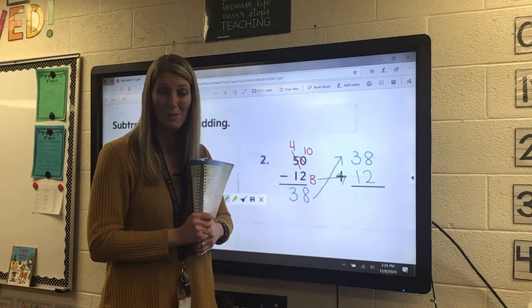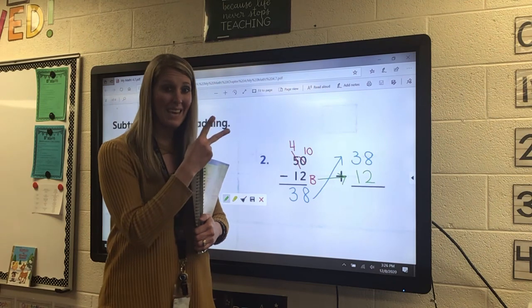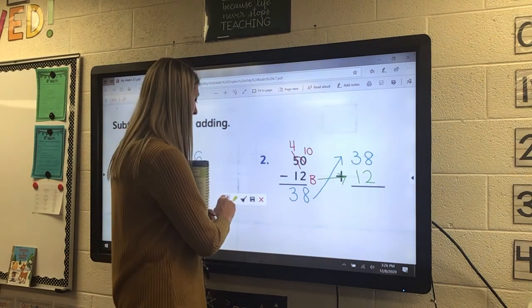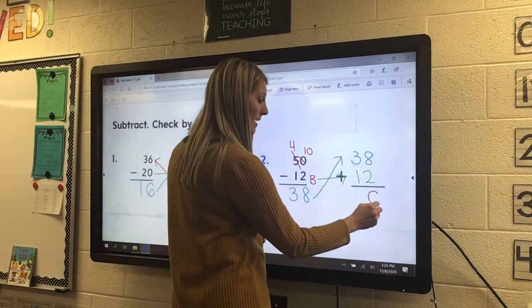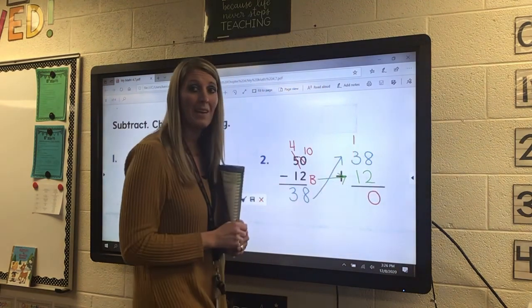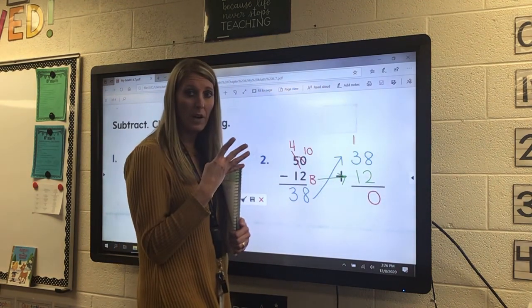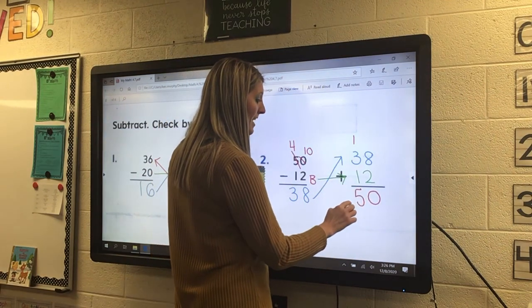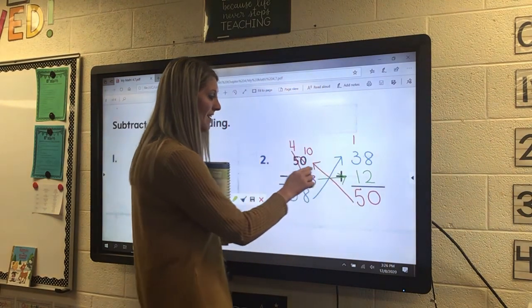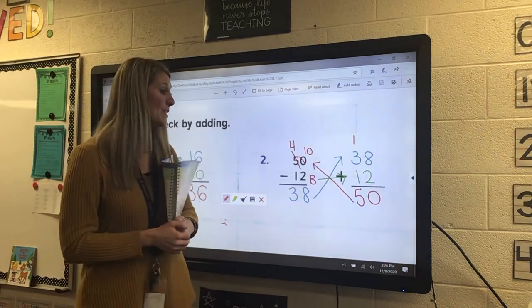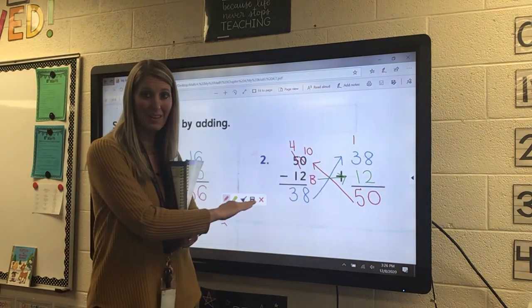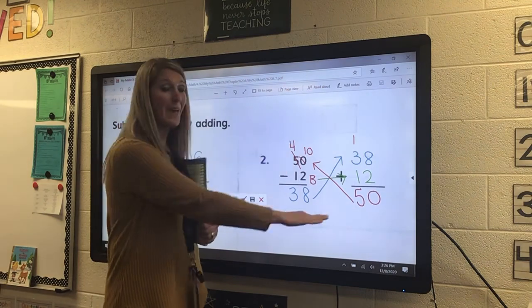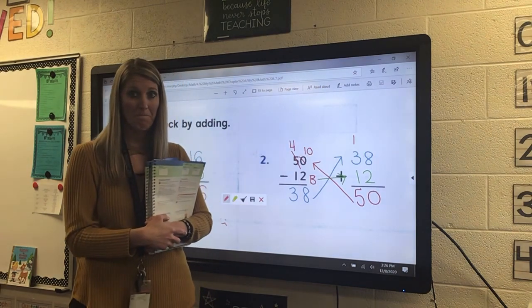I have 8 plus 2 more, 8, 9, 10. So I'm going to put down the 0. I'm going to carry the 1. Now I have 1 plus 3 is 4, plus 1 more would be 5. So I have 50. Now look, does that match right there? It does. So that means not only did I subtract correctly, I also added correctly.